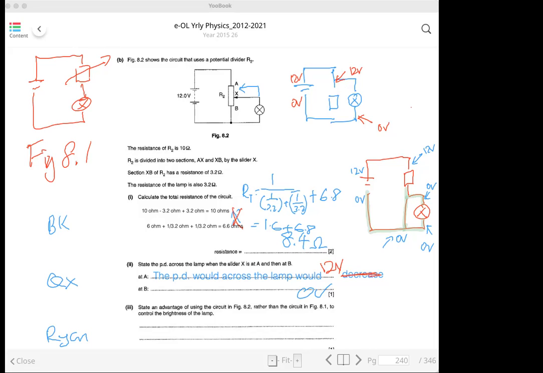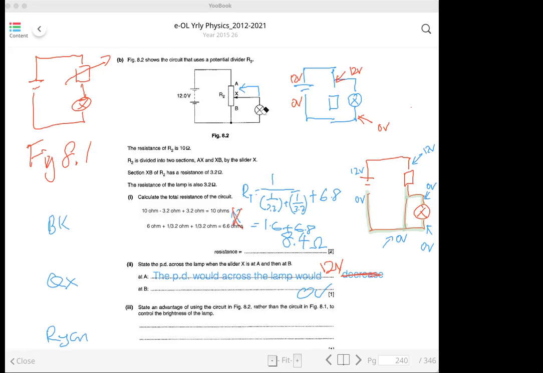Ryan was saying that in 8.2, using a potentiometer enables the user to vary the amount of resistance by the resistor. Okay, you are just explaining what a potentiometer is. And that allows the user to change the brightness of the bulb.